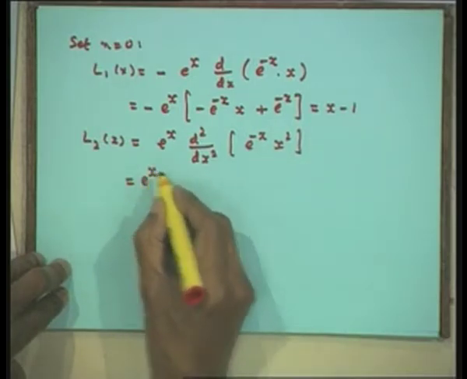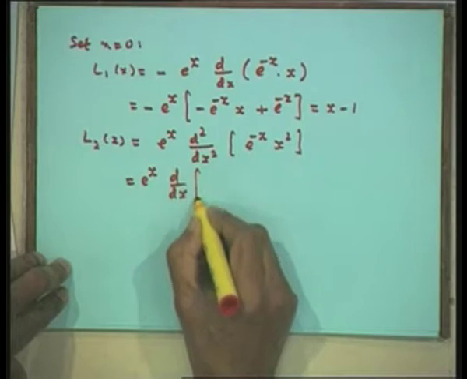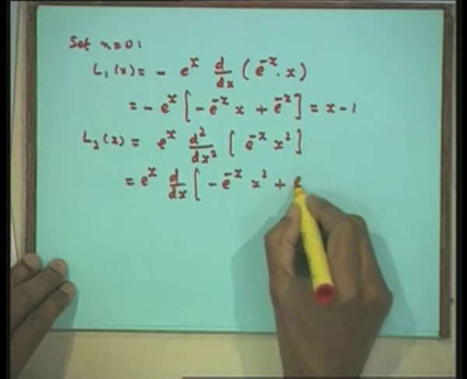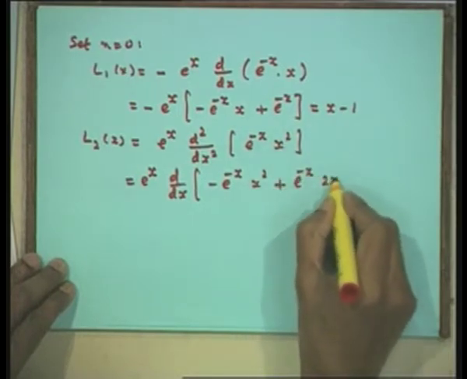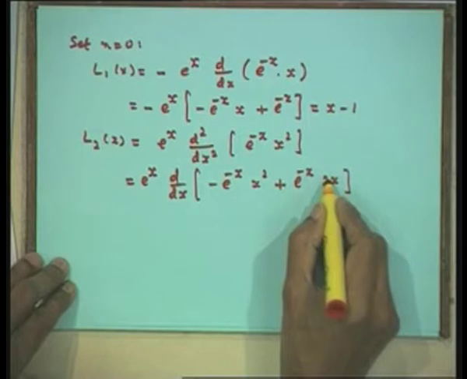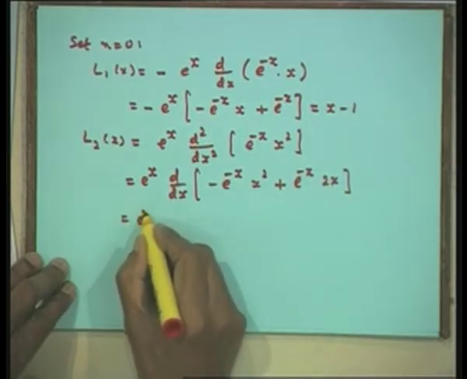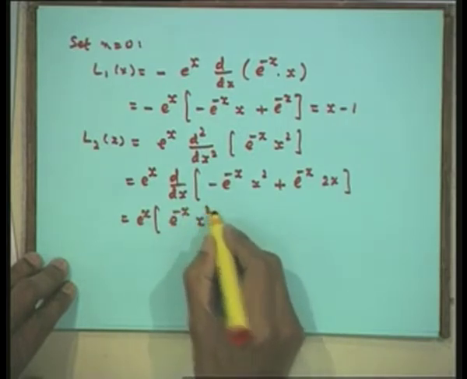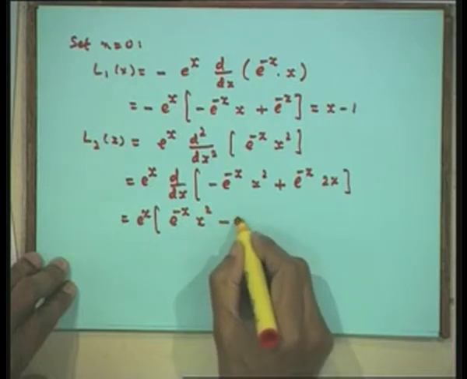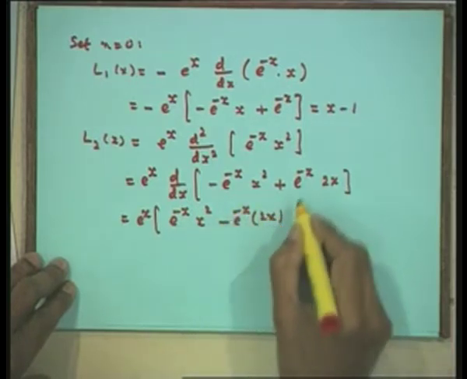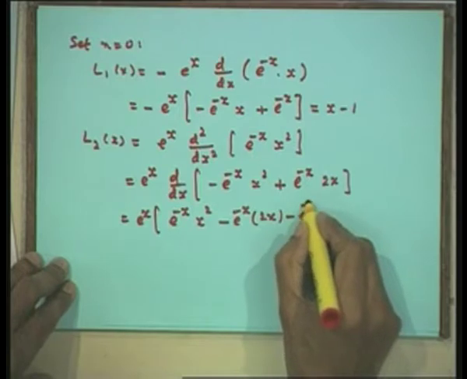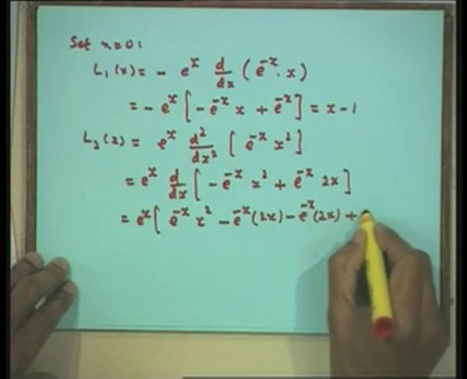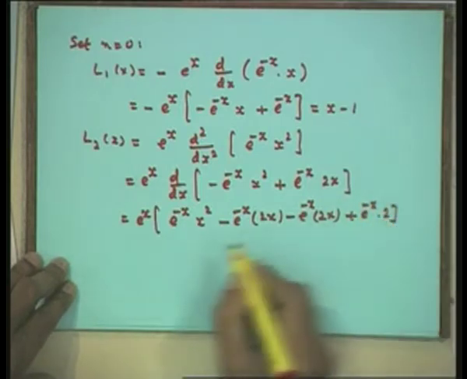I will get e to the power of x, d upon dx of minus e to the power of minus x x squared plus e to the power of minus x into 2x. Again I differentiate it. I will get e to the power of x; now minus minus becomes plus e to the power of minus x x squared. Then I have minus 2x into e to the power of minus x, and this is again minus e to the power of minus x into 2x. I differentiate it, I will get 2 from here, so e to the power of minus x into 2.